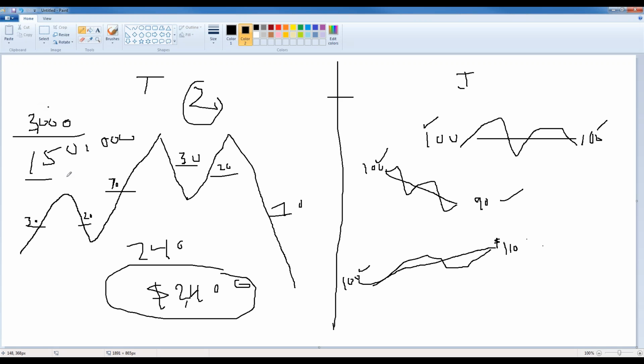You got $150,000 worth of opportunity, and all you're doing is trading a $2,000 account. Because of the market cycles moving over a period of time, during the course of a couple of days, a week, for example, during that year, the market has sat and offered you $150,000 worth of opportunity on a $2,000 account.